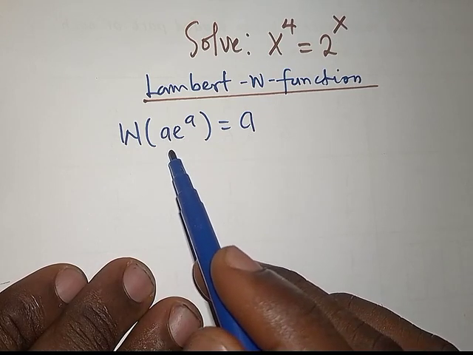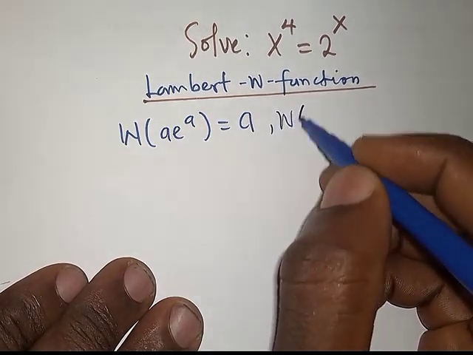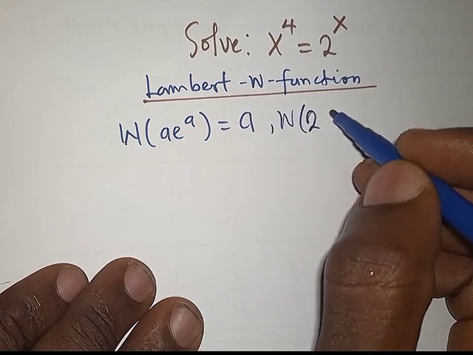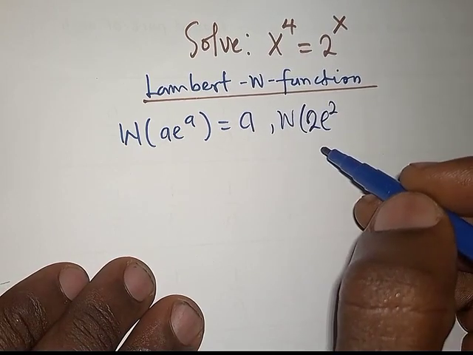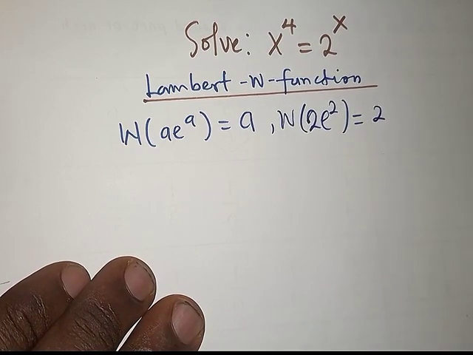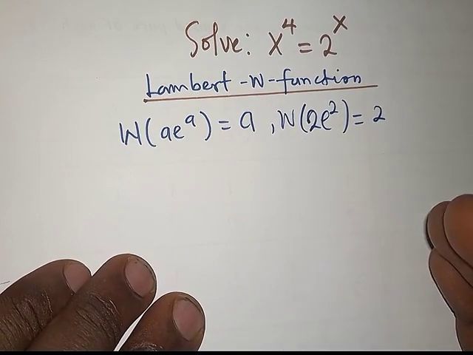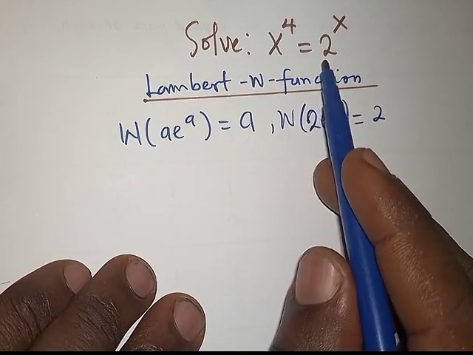That is, if you have W of 2e^2, it means that this will give us 2. That's what we are saying. So this is the form of the instrument we are going to be using to solve for x.